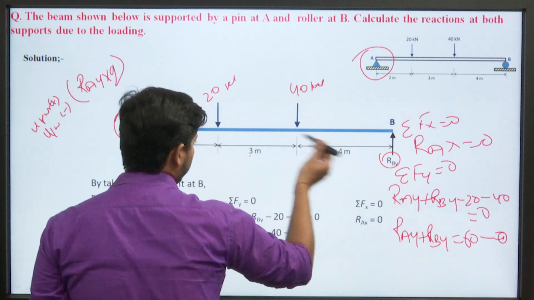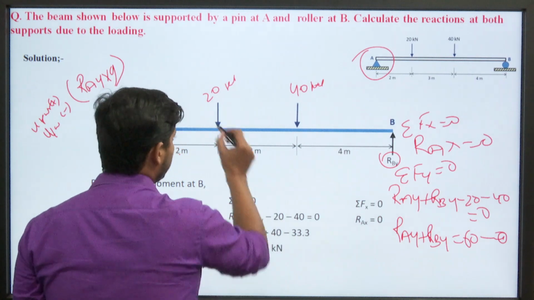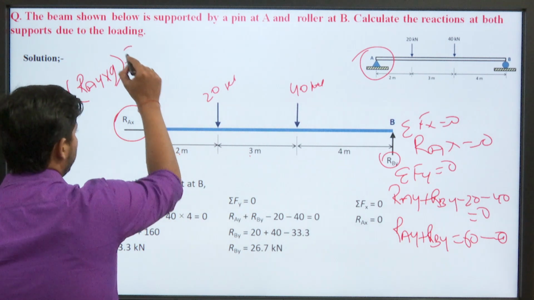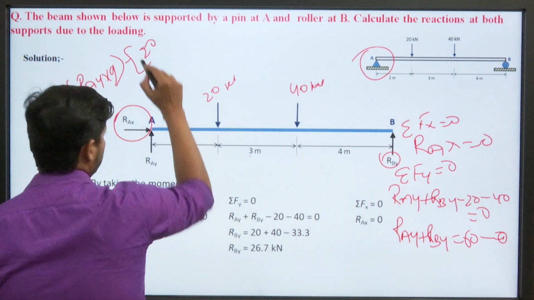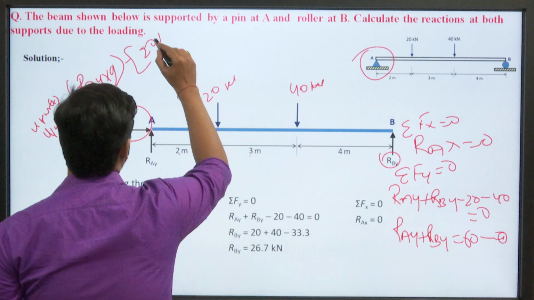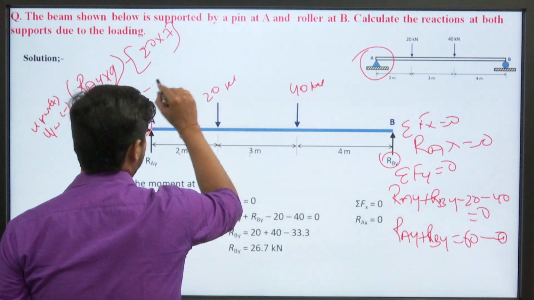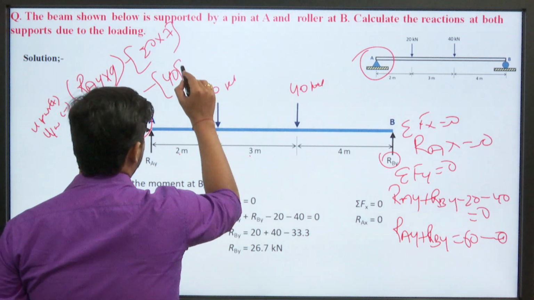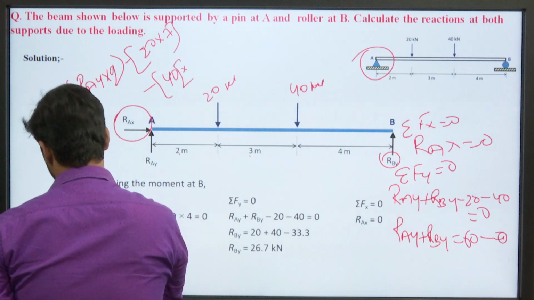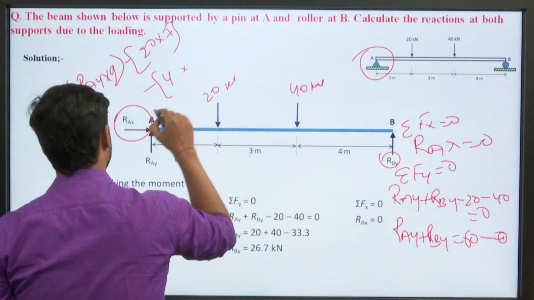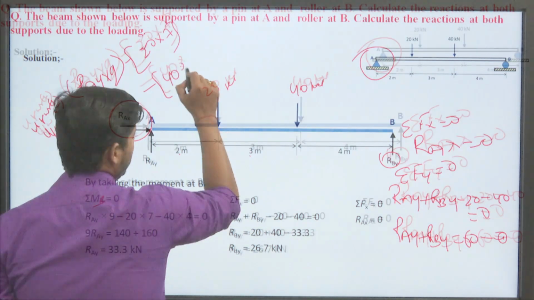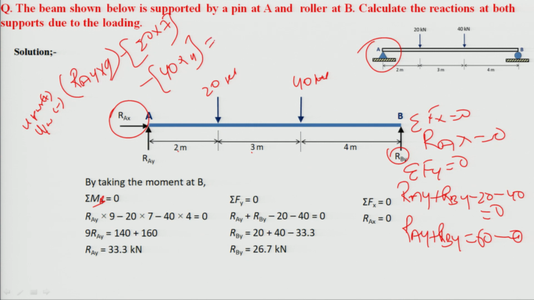This can also apply to moment, because moment is force into perpendicular distance. The downward force is negative: minus 20 into 4, minus 3 into 4 plus 3 into 7, done, minus again 40 downward, negative 40 into 4 equal to 0.